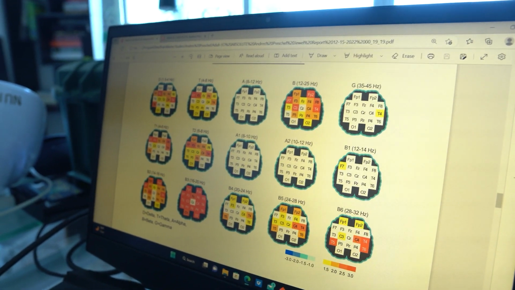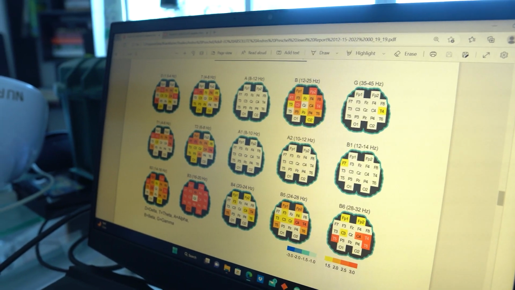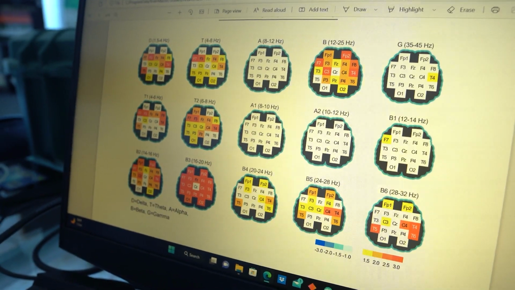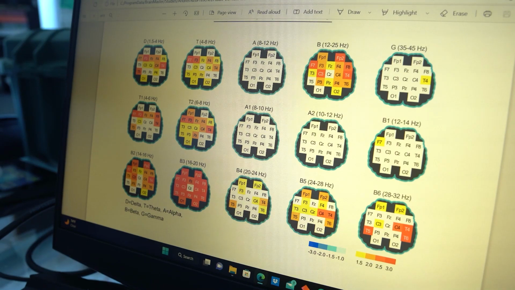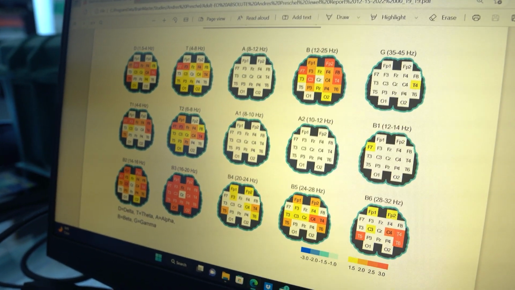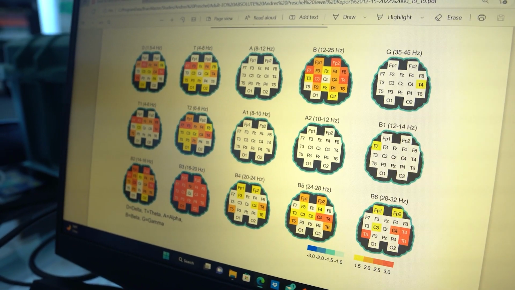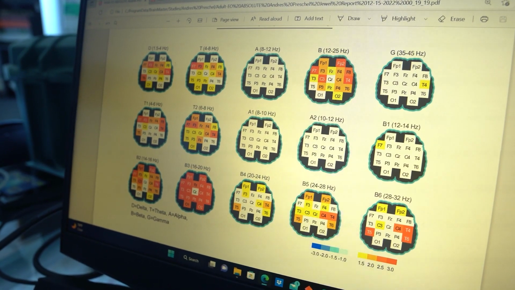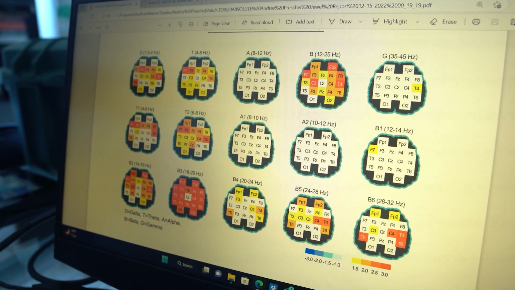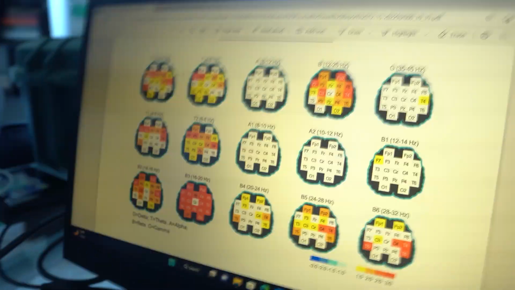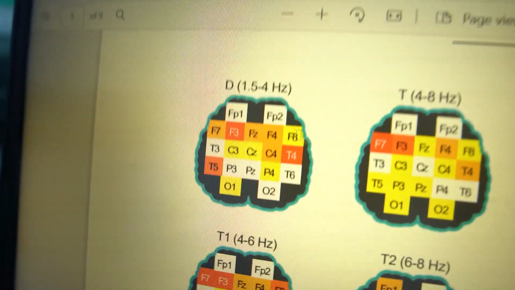So it's a pattern that makes a lot of sense based on what you're reporting. And if you look at this row that says F, F7, F3, FZ, F4, F8, we're seeing elevations in all of those in the delta and theta. Yes. Okay, cool.